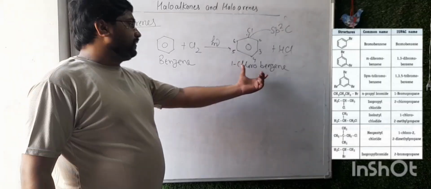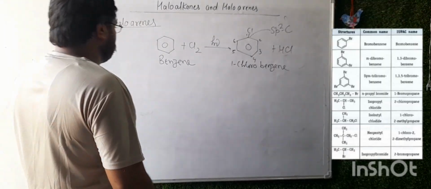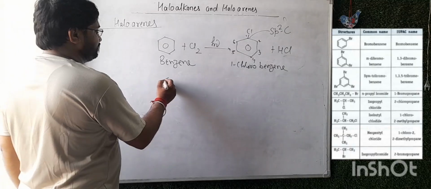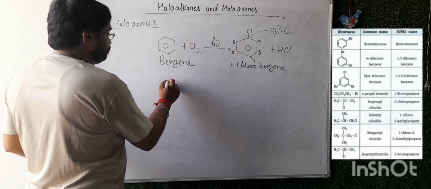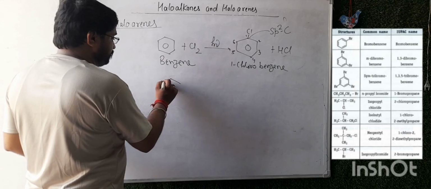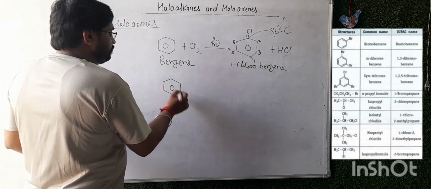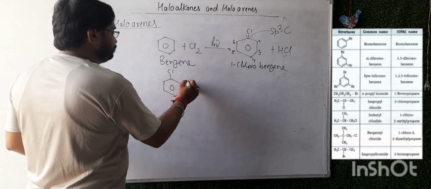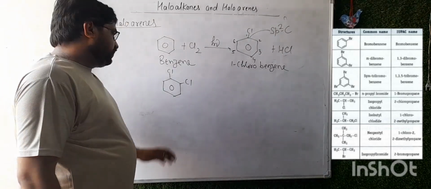So this is the first ring, that is 1-chlorobenzene. Is that clear? Okay, again, for example, a benzene ring having 2 chlorine atoms.